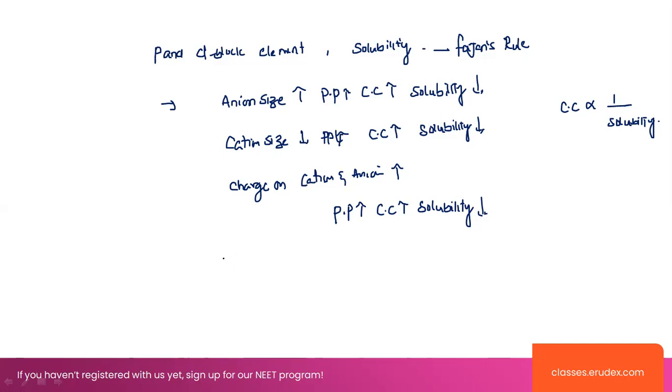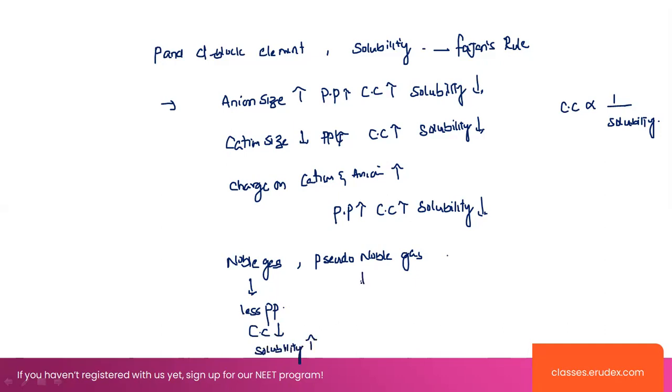Whenever in the case of noble gas configuration and pseudo noble gas configuration, noble gas configurations will have less polarizing power, so covalent character will be less, and we can say that solubility will be more.